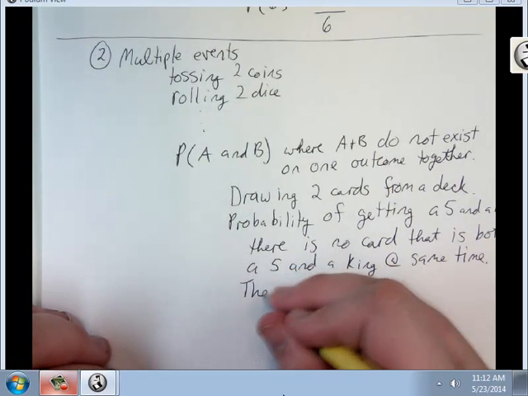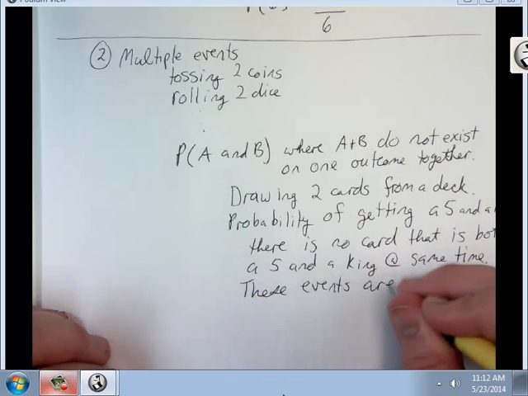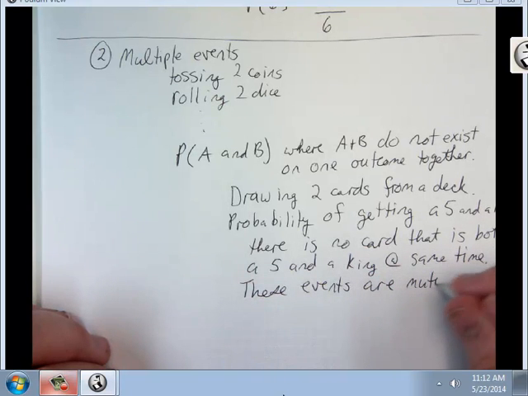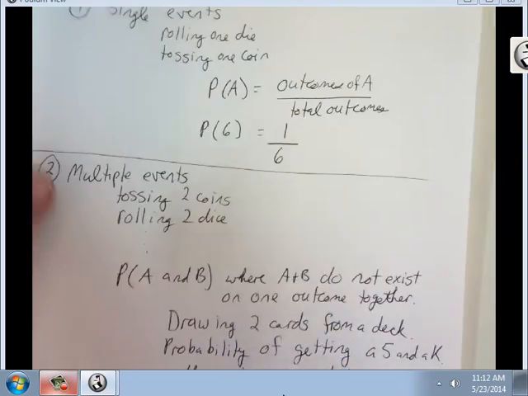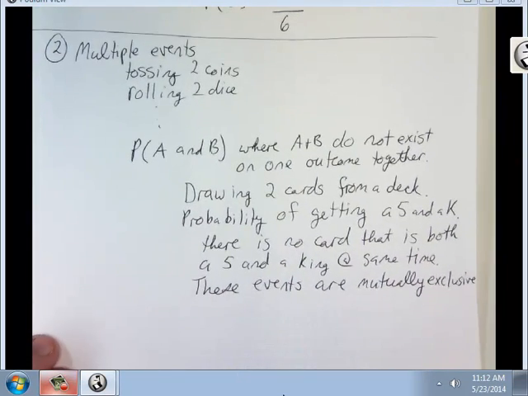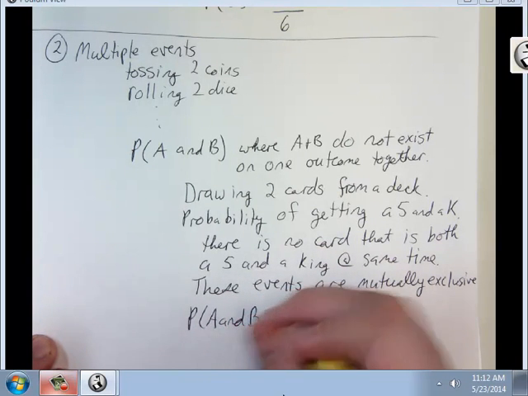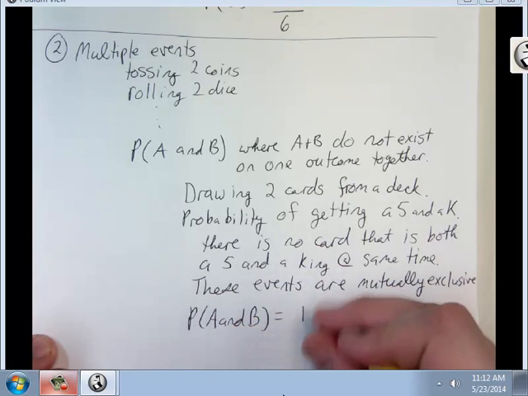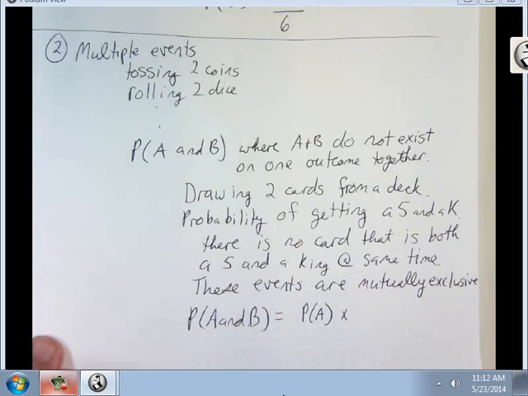These events are mutually exclusive. In this case, probability of A and B would equal probability of A times the probability of B.